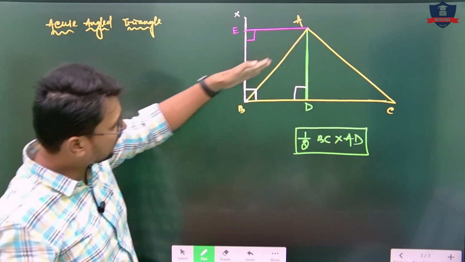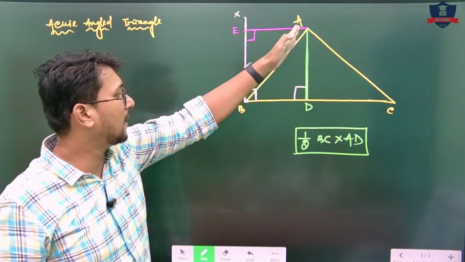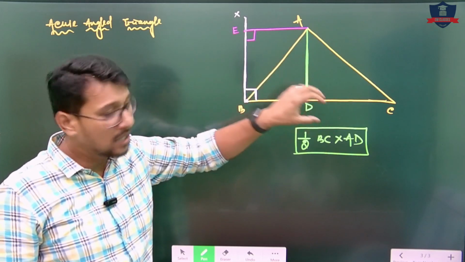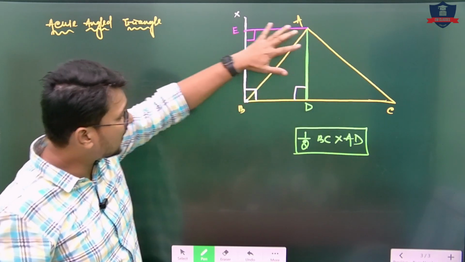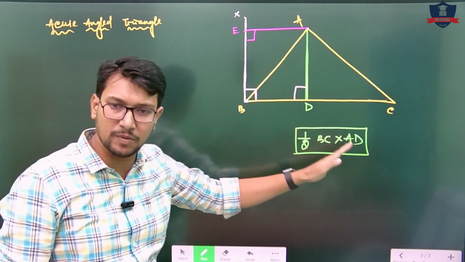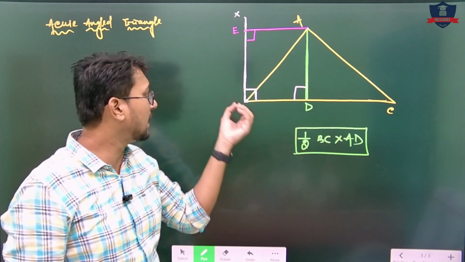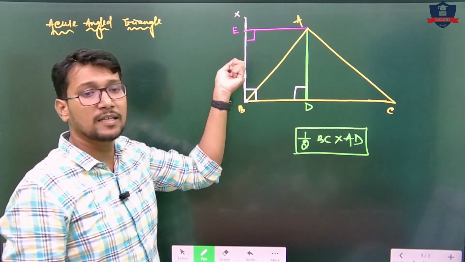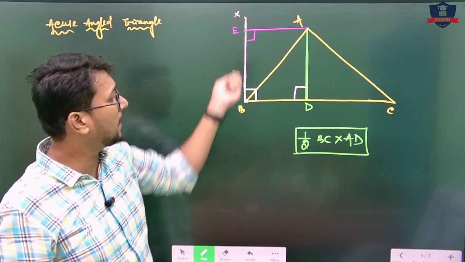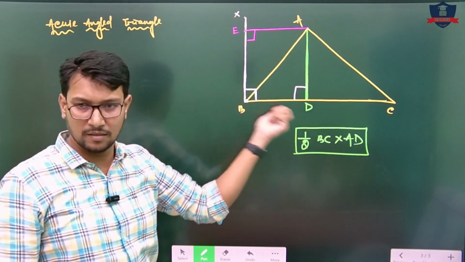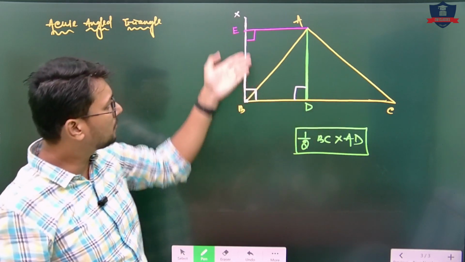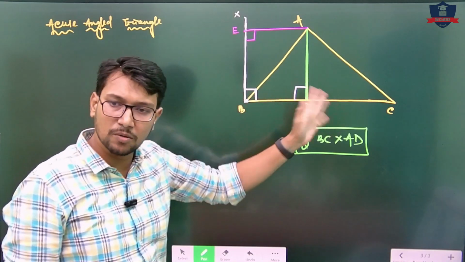Actually, we have taken triangle ABC and AD is the height of the triangle. But to prove that the area of triangle ABC is half into BC into AD, I have taken at point B another perpendicular BX to BD or BC. BX is perpendicular to BC.